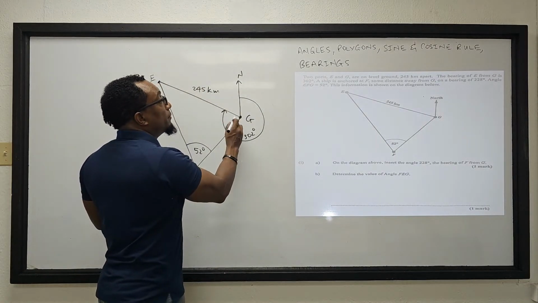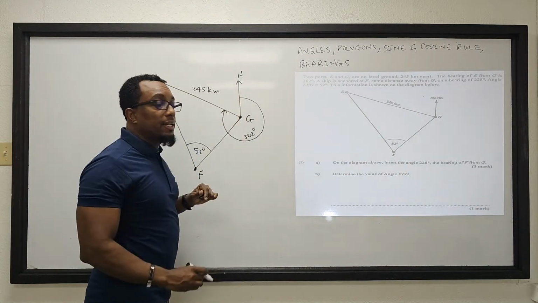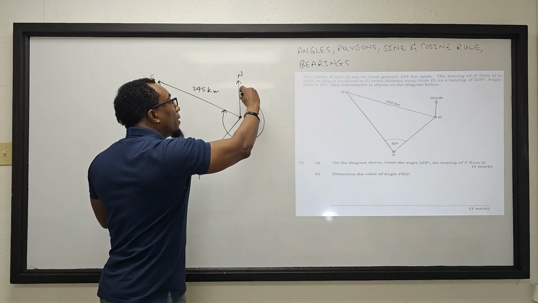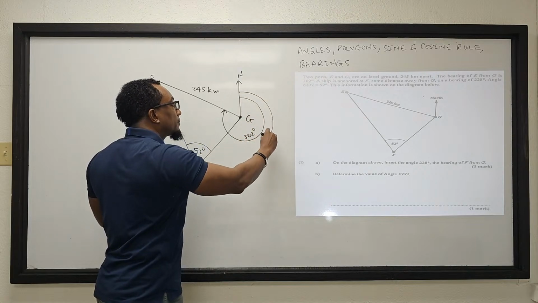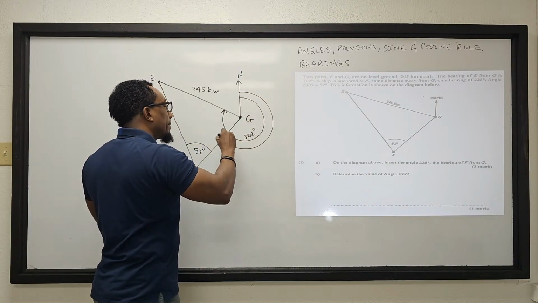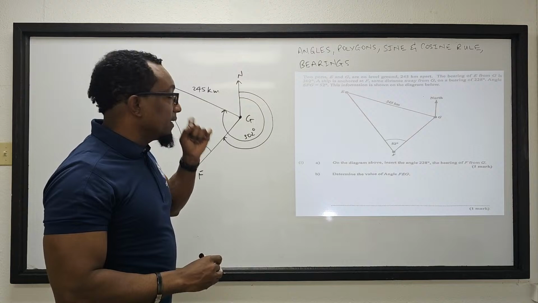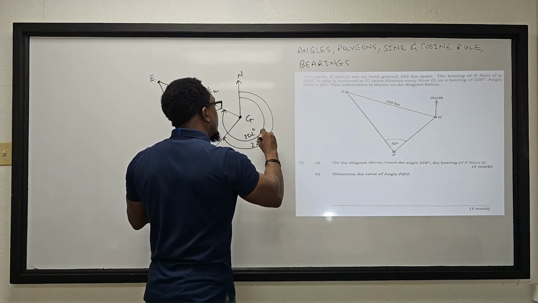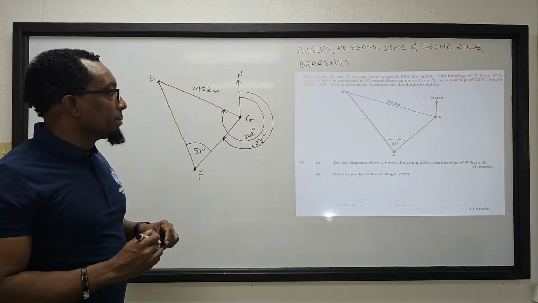F from G, I set up my north, which is already there, and for my bearing, I always move in a clockwise direction to the line connecting, in this case, F and G. So this is 228 degrees.